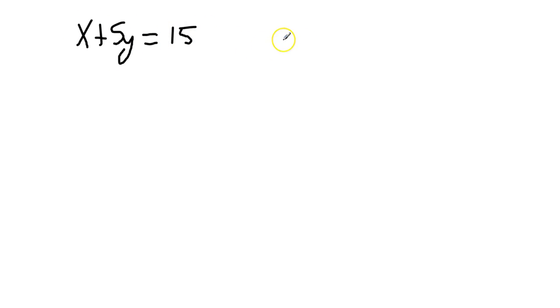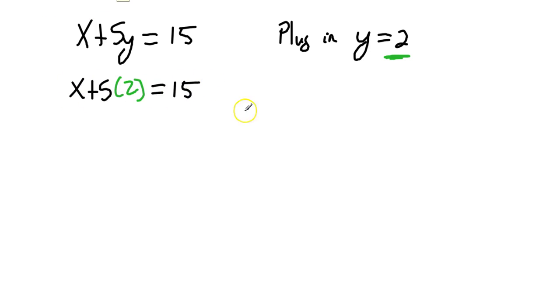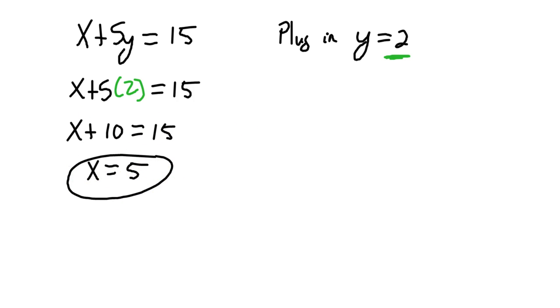Is that what we have? Is it y equals 2? Okay, so we're going to plug in y equals 2. We take out the y, plug in the 2. We've got x plus 5 times 2 equals 15. And we get x equals 5.